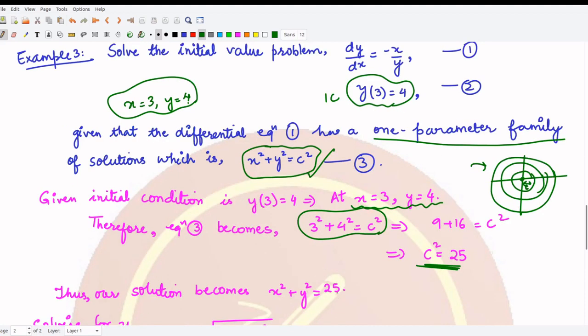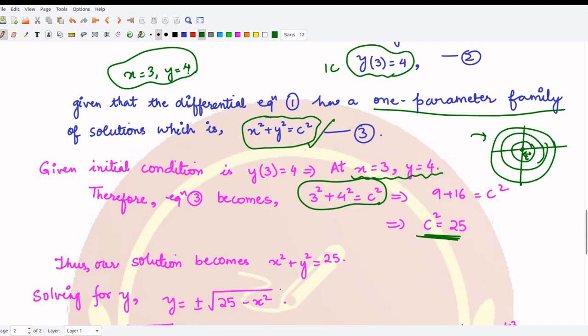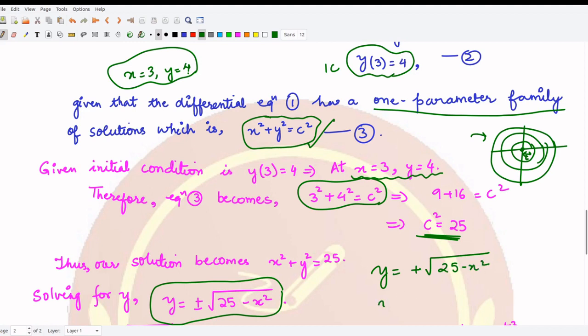Now what would be the value of y? You see, we have two branches of solution here. One is the positive branch, which is plus square root 25 minus x square, and another is the negative branch, which is minus square root 25 minus x square. Now which one to choose, or can we choose both the solutions? The answer is no, you cannot choose both.